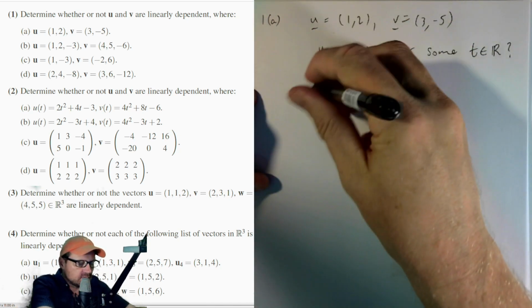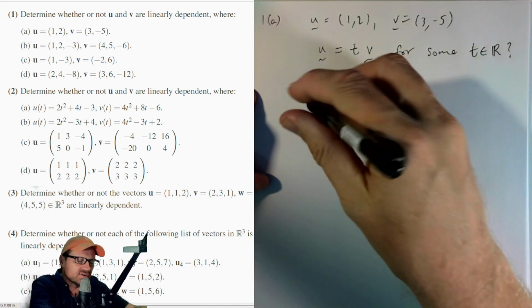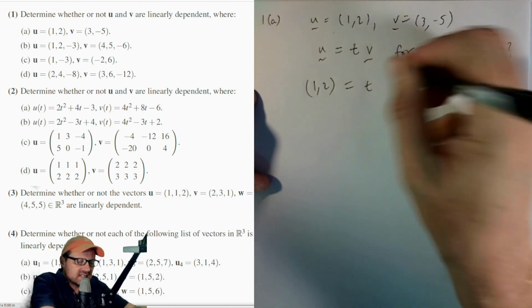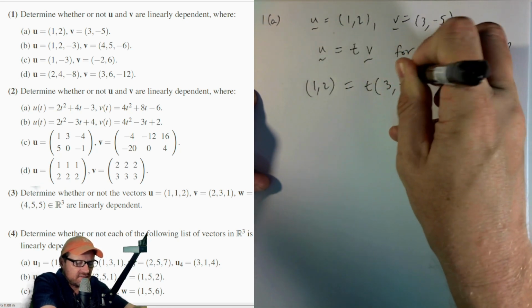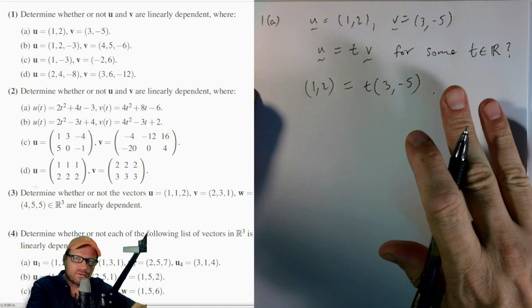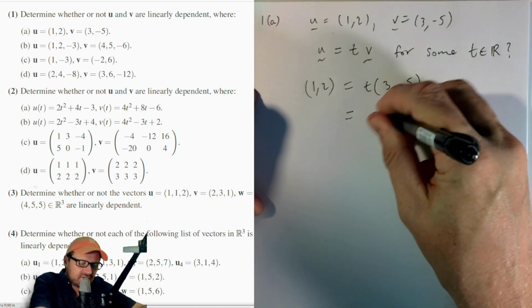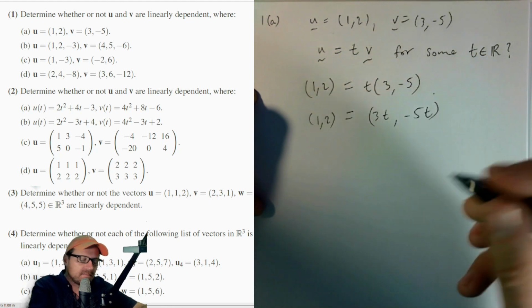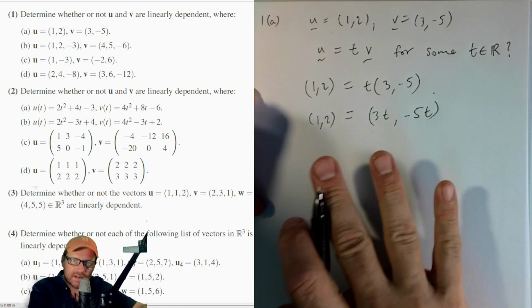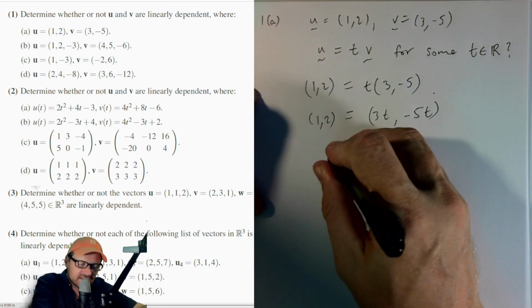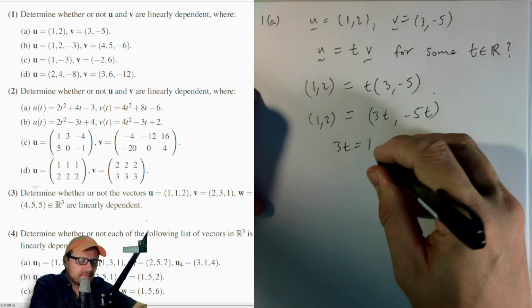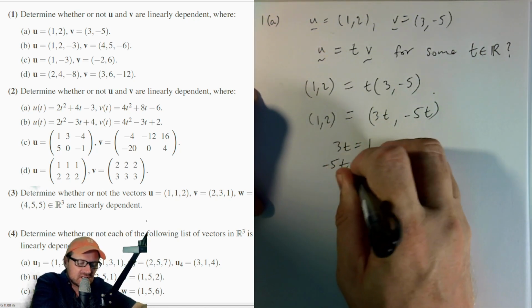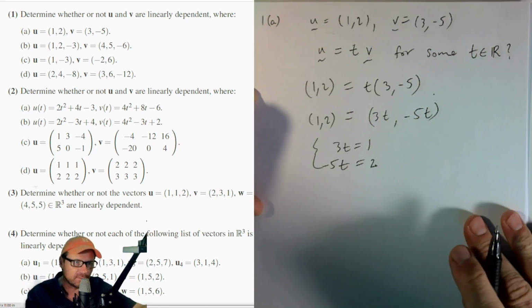If this is true, we have (1, 2) equals t times (3, minus 5). Okay, and so if we expand the right-hand side, we get 3t, minus 5t, and so that gives us two scalar equations from this one vector equation. It gives us 3t equals 1 and minus 5t equals 2 as a simultaneous system.